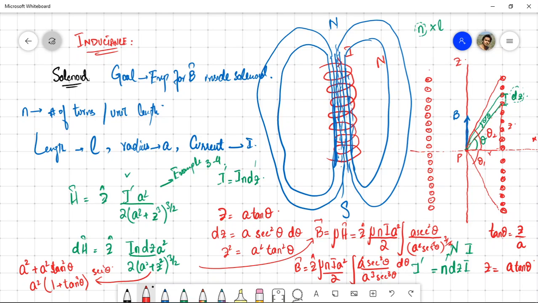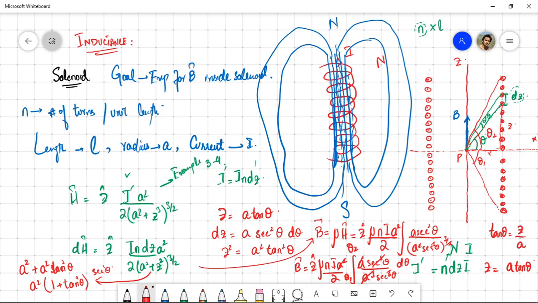This a and these a square are going to be cancelled, and we'll have 1 over secant, which is basically the reciprocal of sine cos, and we'll integrate this from theta 1 to theta 2.